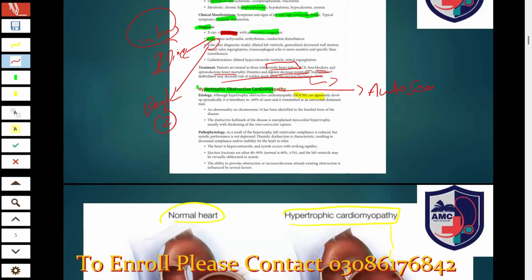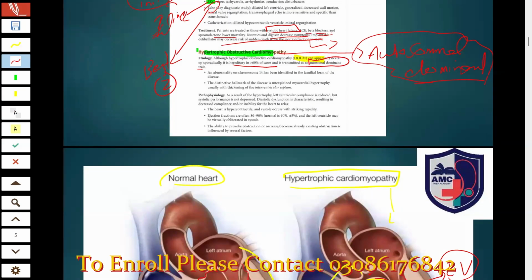This will be a question, this will be a recall, as well as autosomal dominant. Because family history is positive, and dominant means 60% of cases are hereditary and transmitted as autosomal dominant traits.